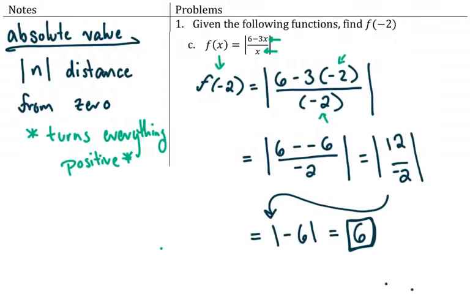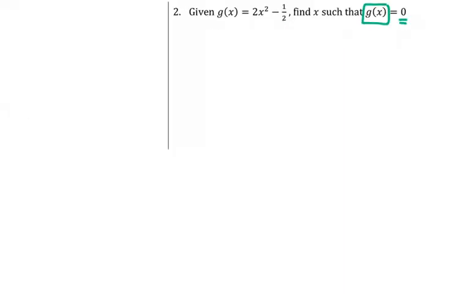So that's how to use function notation when it has the number filled in. Here we have another function where it doesn't have the number filled in. It says it's equal. This is still substitution. We're going to say, okay, well, every time you see g of x, we're going to set that equal to 0. Versus back here, where we saw x, and we replaced it with the -2.